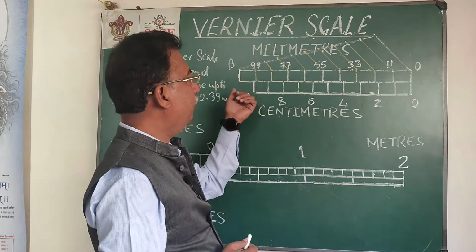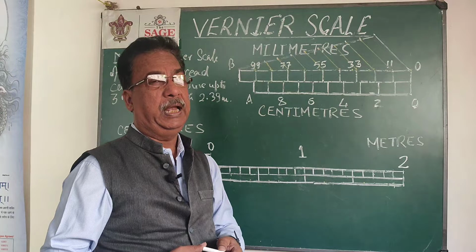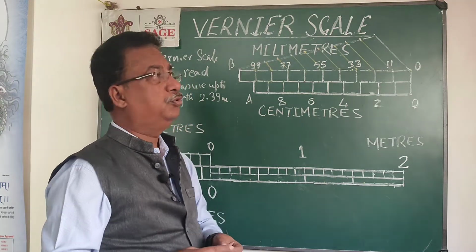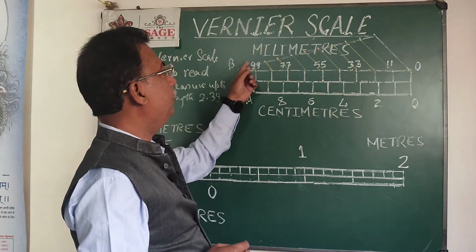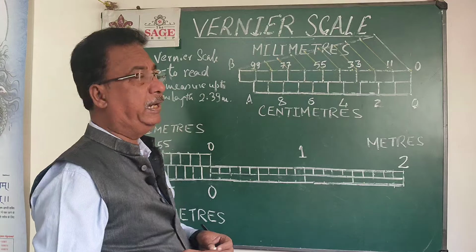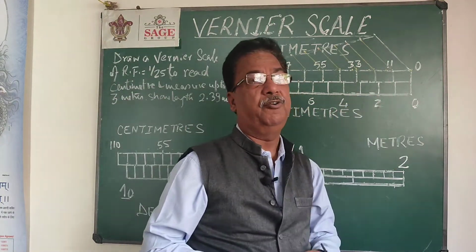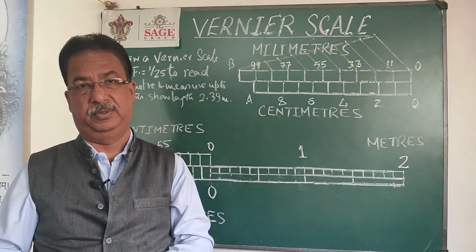In the vernier scale, we take the 11 centimeter length and divide it into 10 parts. As 11 centimeters equals 110 millimeters, divided into 10 parts, one part is 1.1 centimeter, or 11 millimeters.